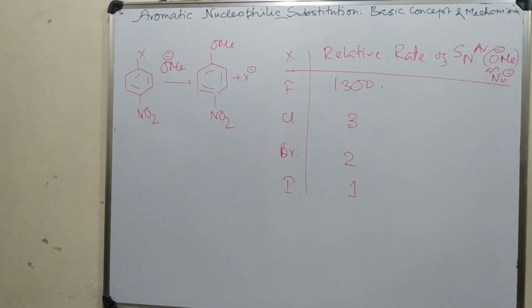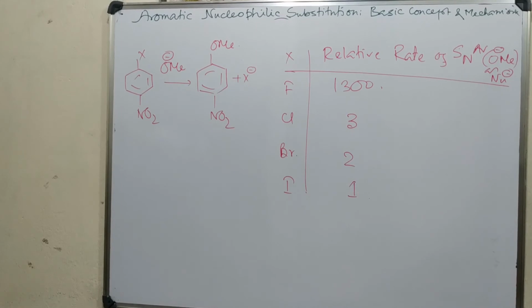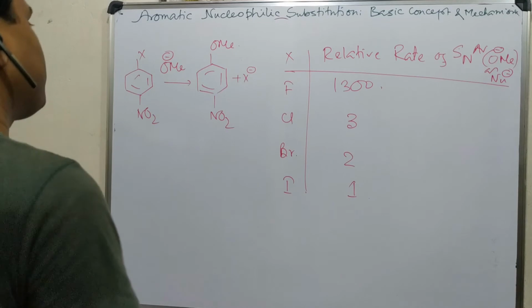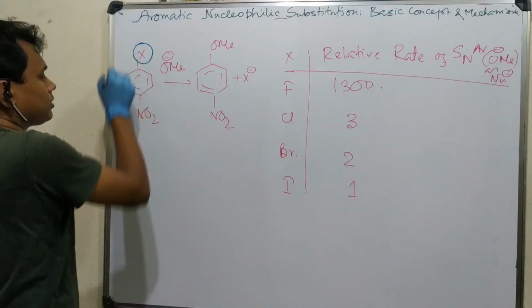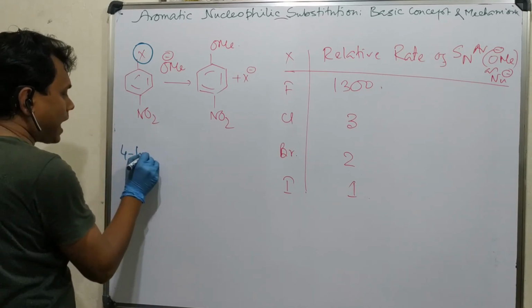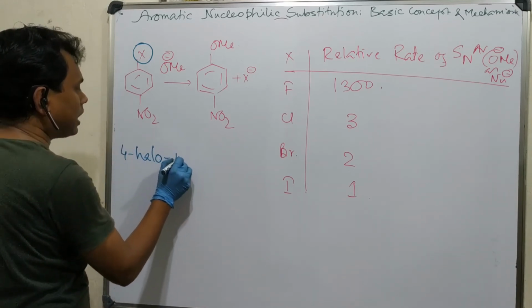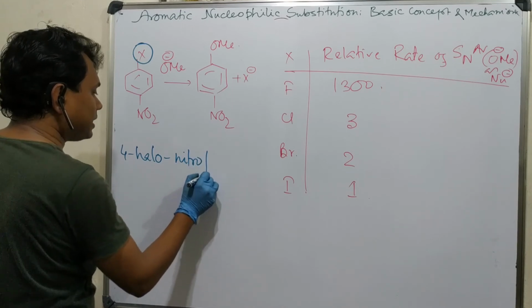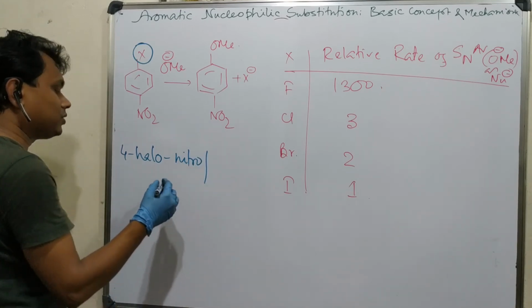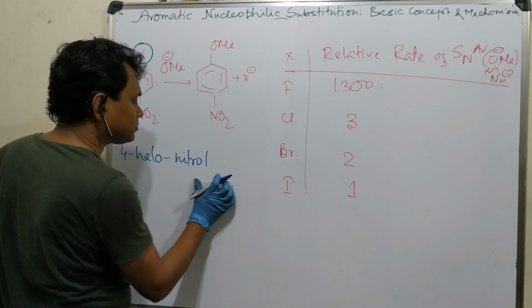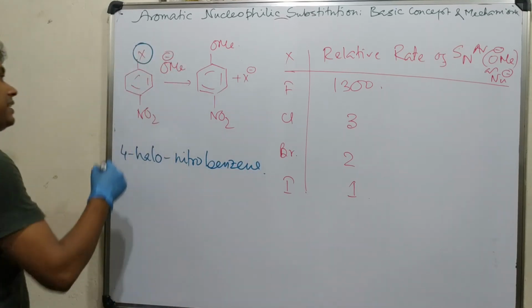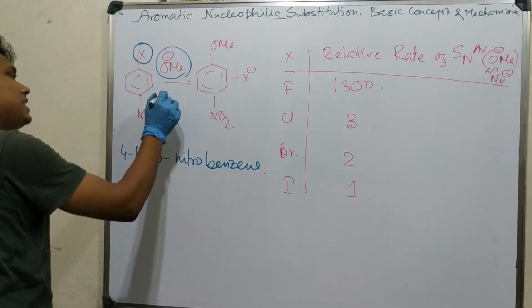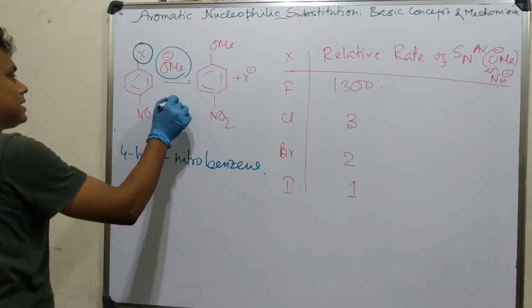Okay, so we are at the end of our discussion. So now you can see that a table I have provided to you. This is a 4-halo nitrobenzene, fine, and reacted with OMe methoxide, definitely some M plus is there.